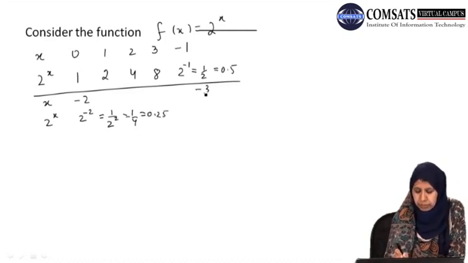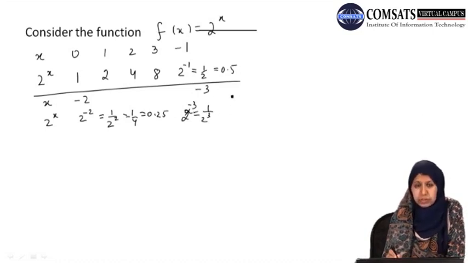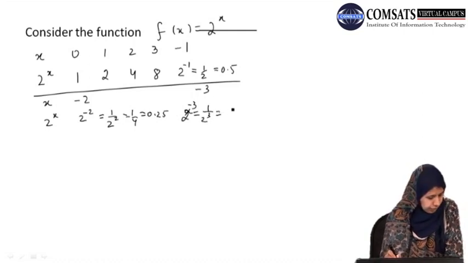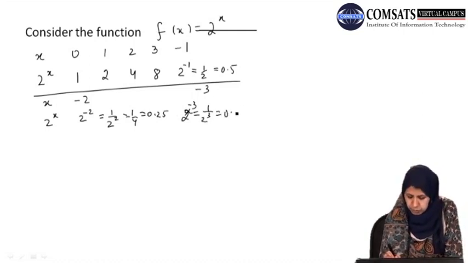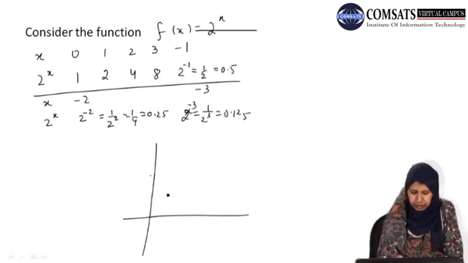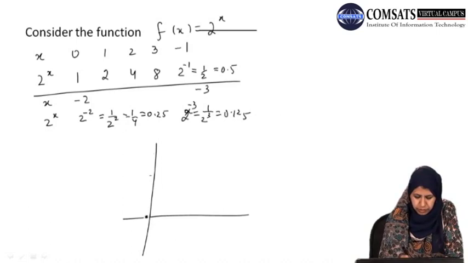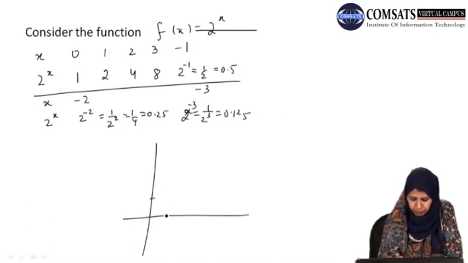When x is minus 3, we obtain 2 to the power minus 3, which is 1 over 2 cube, which is 1 over 8, and after simplifying we obtain 0.125. And when x is 0, this is 1. In the case of 1, when x is 1, this is 2, that is this point.